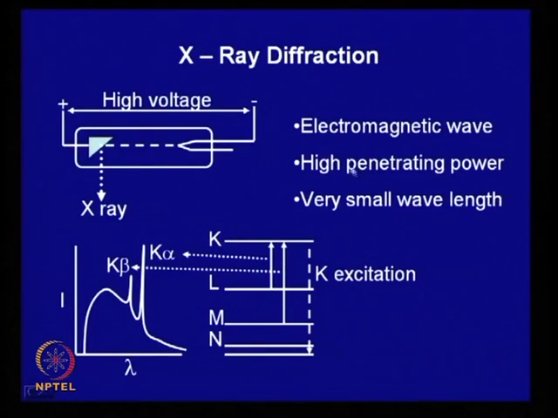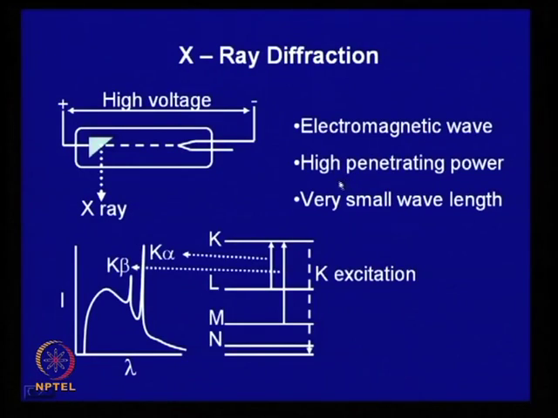And X-ray also has a very high penetrating power. It can pass through thin pieces of metals. In the case of steel it will be thin, but in the case of aluminum, even quite thick samples, the X-ray will be able to penetrate through.